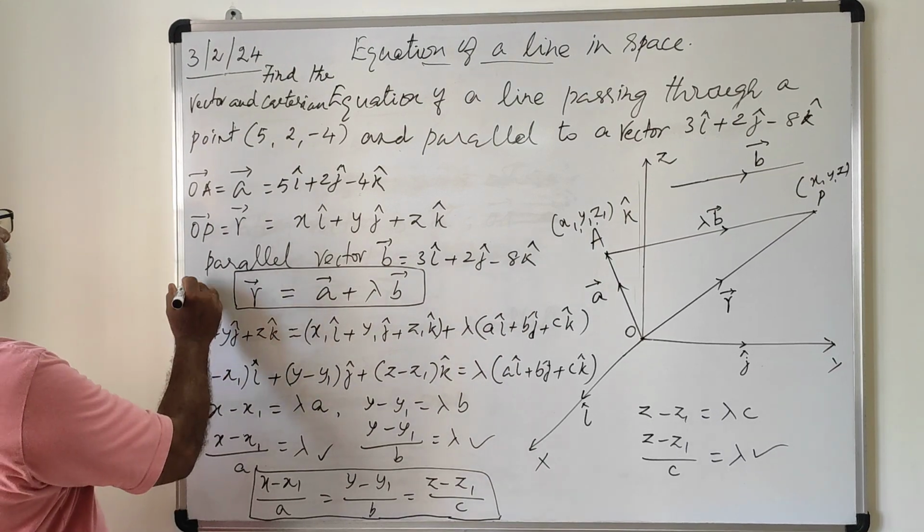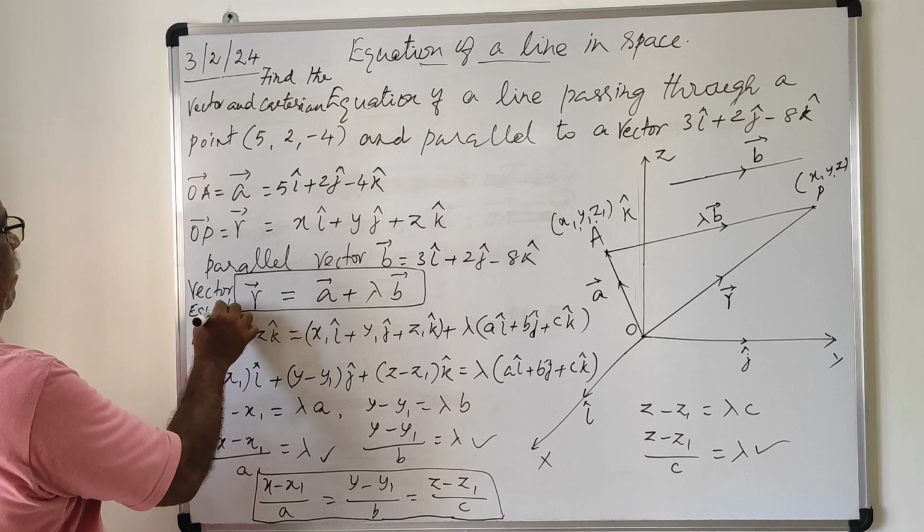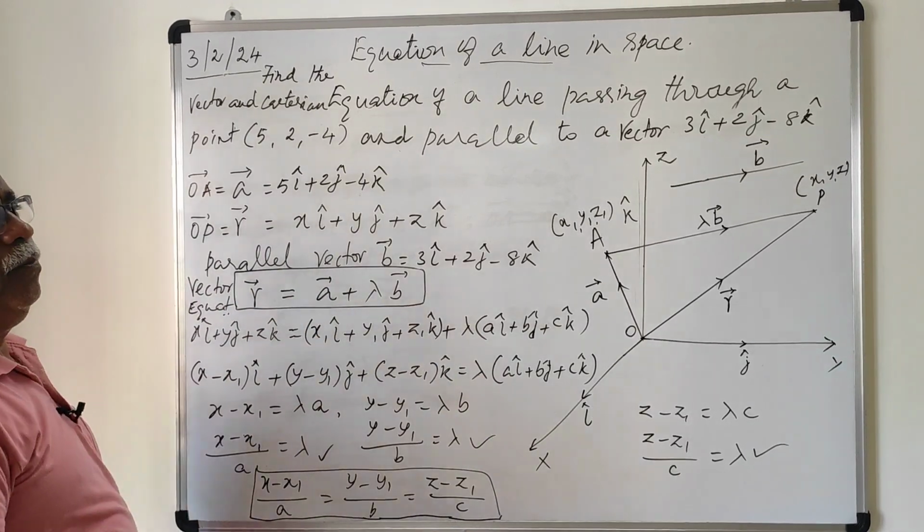So the vector equation is r equal to a plus lambda b.